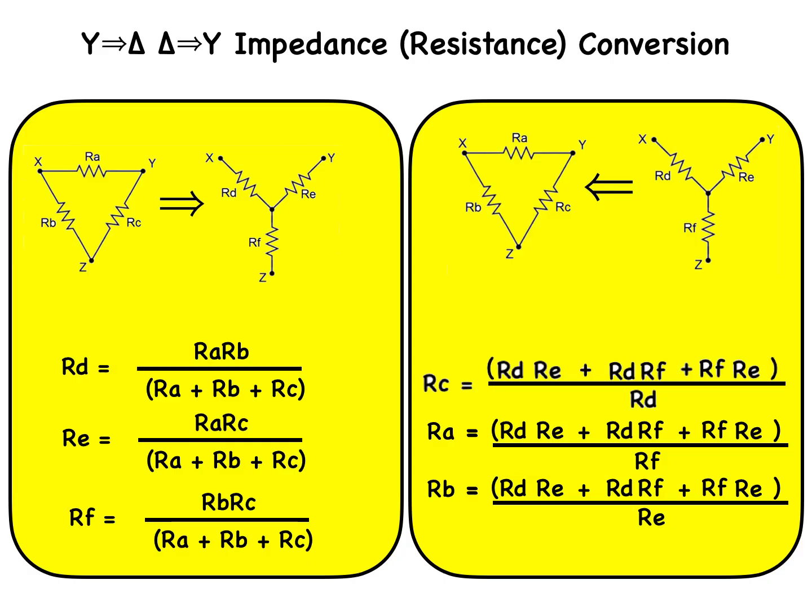In the first case, on the left, we know RA, RB, and RC, and we have the equation to find RD, RE, and RF. Subsequently, on the right, we know RD, RE, and RF, and we have the equation for finding RA, RB, and RC.